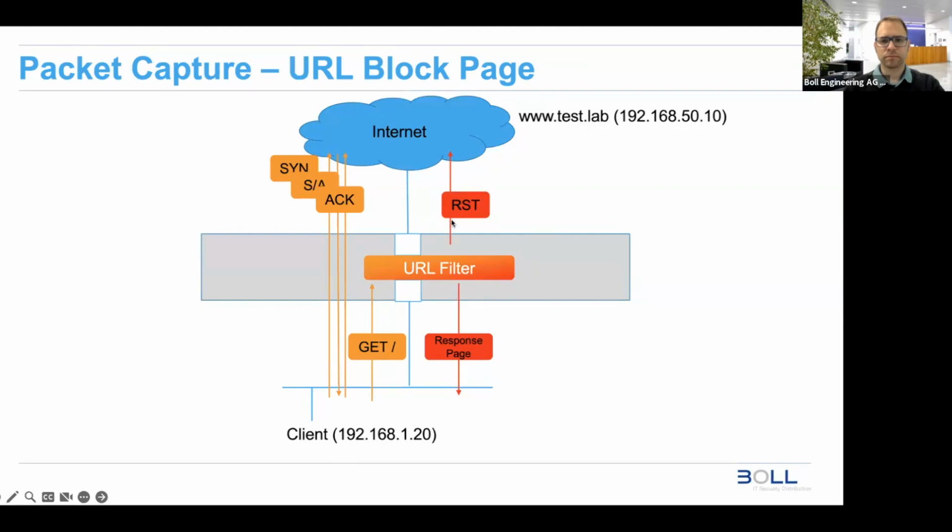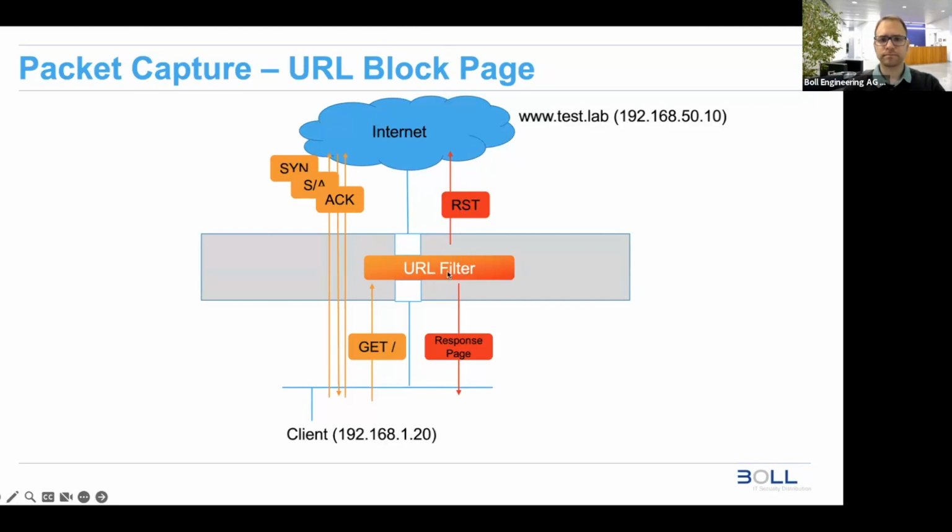So the firewall said, no, I do not want to allow the session. Now we have seen the host name, the URL. So the firewall is resetting the already opened connection, because we are doing flow-based inspection. The session is already open, so we need to finish the session here.